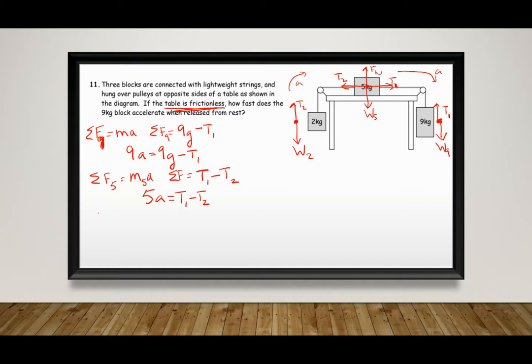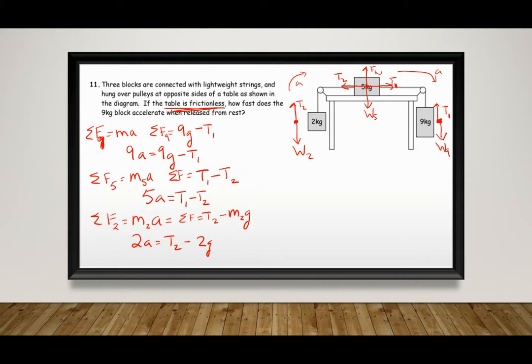Okay, and then my sum of forces on my 2 kilogram block is mass 2 times acceleration, which is equal to my sum of forces. On that one, it equals tension 2 minus mass 2 times gravity. So I end up getting 2a equals tension 2 minus 2g.